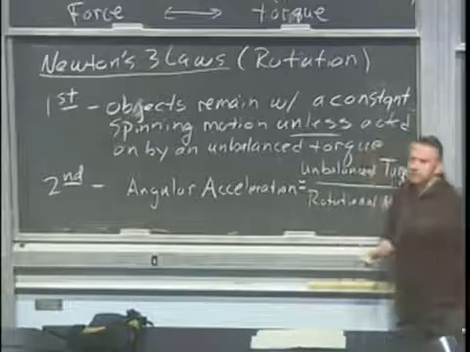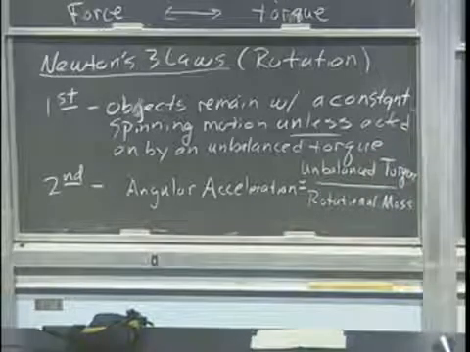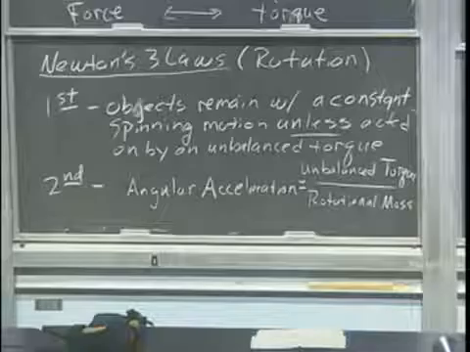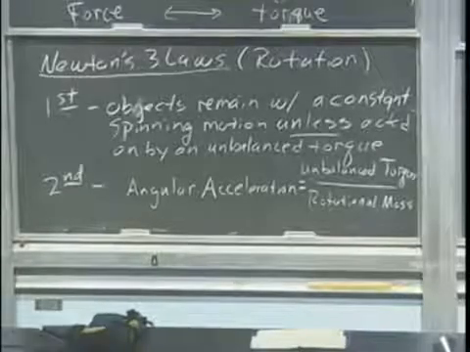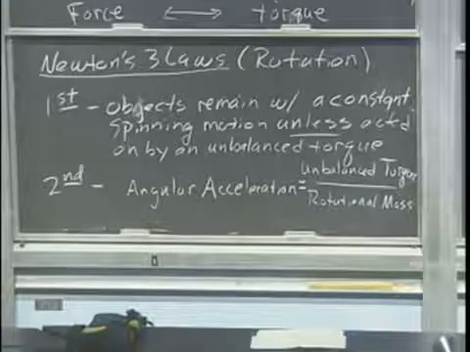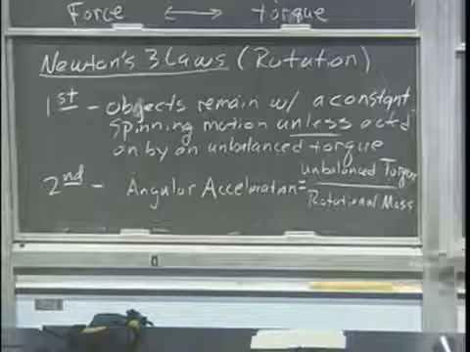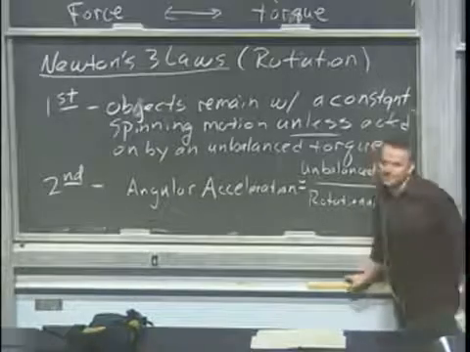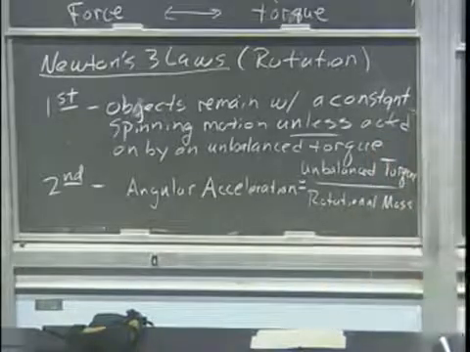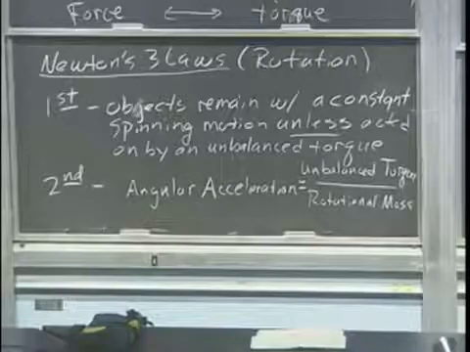So the larger the rotational mass of an object, the harder it is to get it to start spinning. Exact same concept as translational motion. We have not defined what rotational mass is yet, but we will in just a couple minutes.